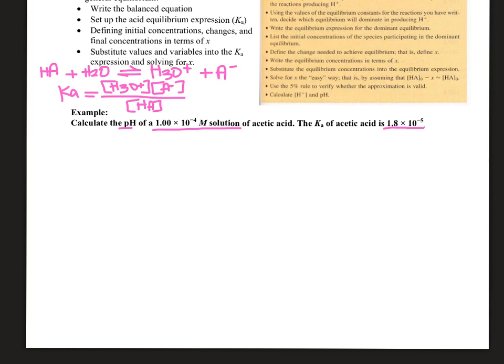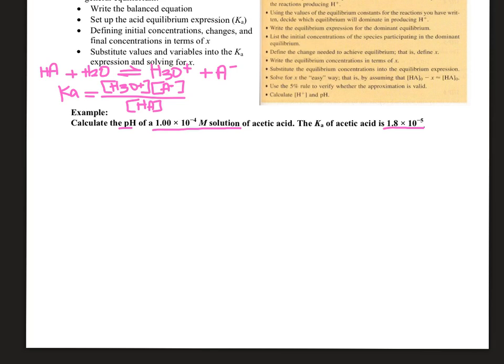We would assume 100% dissociation, and therefore we wouldn't even need to set up a Ka expression. We would just assume all of my ions came from the acid. So here we go with what we would set it up. Same idea down here, but we're using acetic acid. So you can use either one. When you're solving for this, you can use the HA generic, or you can write the actual formulas.